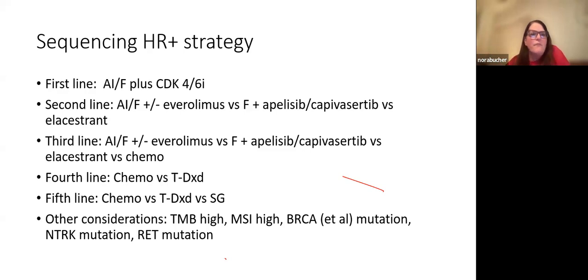But usually for first line treatment, the oncologist will choose either an aromatase inhibitor or tamoxifen and ovarian suppression, or fulvestrant plus one of those CDK4/6 inhibitors, such as Ibrance or Kisqali or Verzenio.